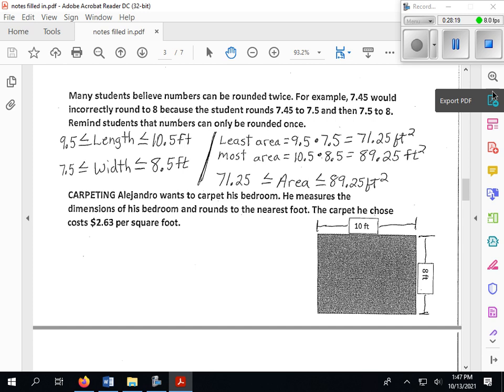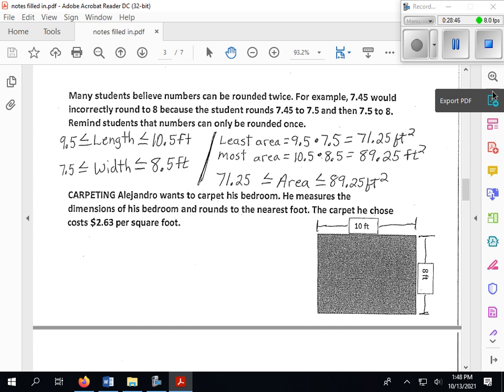I rounded it up. So $234.73. So we're sure that that's going to be the cost of Alejandro putting down this carpet? No, that's the estimate. That's the highest it should be.